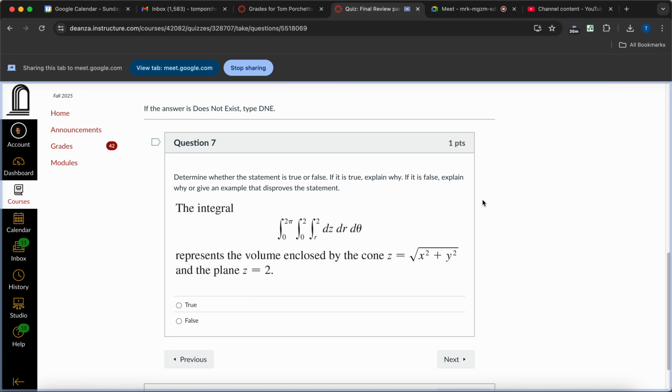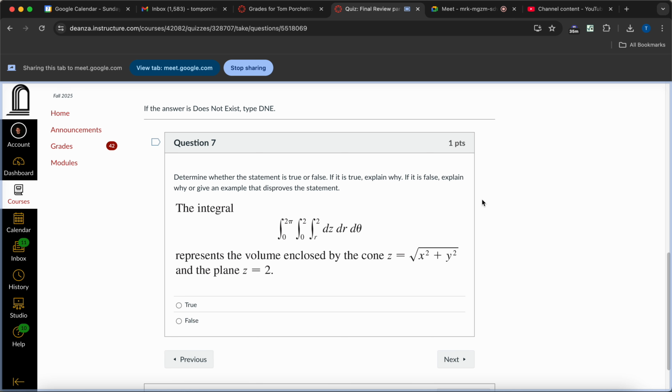For that one, I just use the integral, and then I simplify all of them. Doing that, finding the integral, I use the u-substitution, and then from that, I got the answer of 16 by 3 pi.